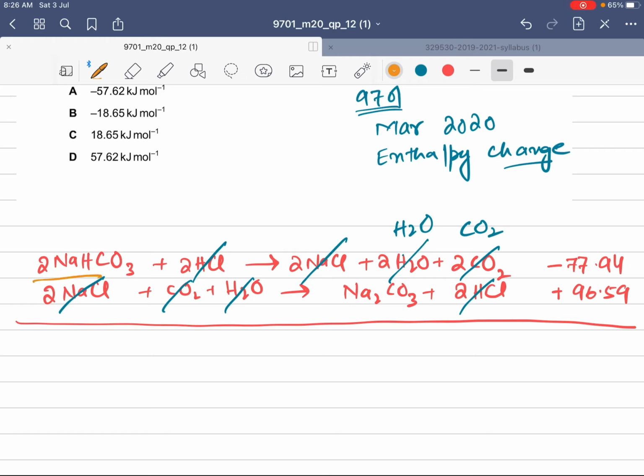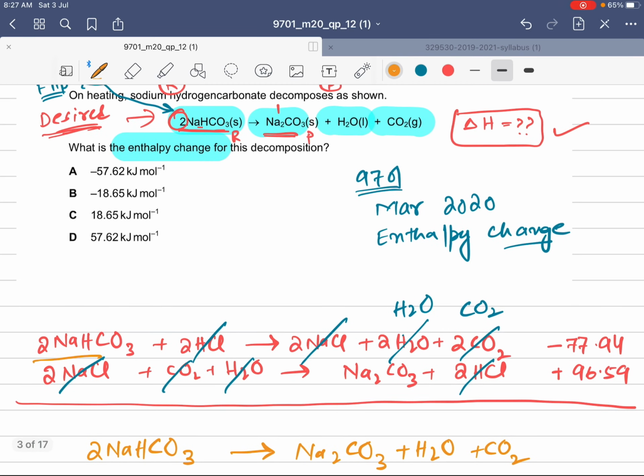We have 2 moles of NaHCO3, the only thing left on the reactant side, and now we have Na2CO3 plus H2O plus carbon dioxide. Right, this is the desired equation. You can look by yourself that this is the same desired equation whose delta H we have to find out.